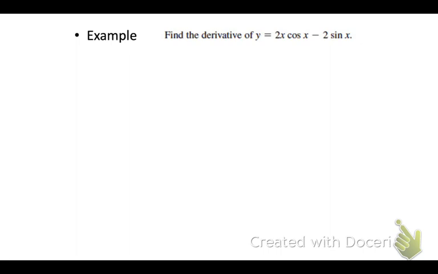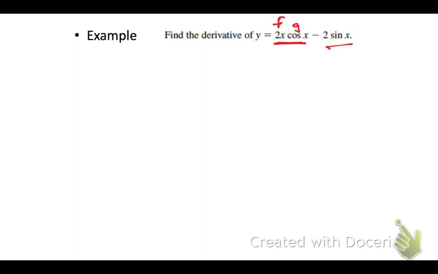Okay, so now I want the derivative of 2x cosine x minus 2 sine x. So, I'm going to use, I have an f and a g here, yes? Yeah. So, I'm going to do the product rule here and then minus just whatever that is.